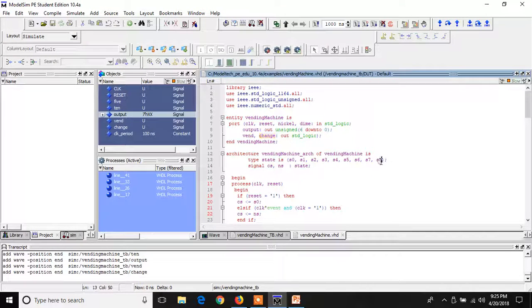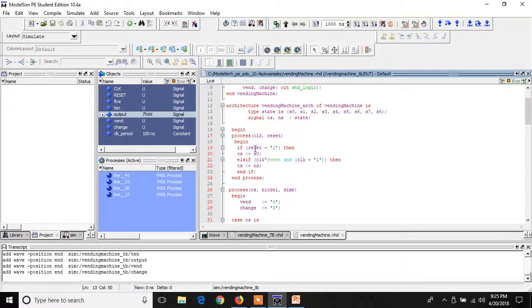I have 8 states, and here it says if reset is 1, then current state is going to be state 0, and otherwise on a rising clock edge current state is going to be the next state.